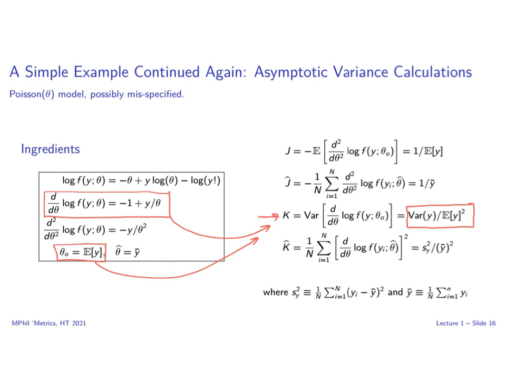And proceeding similarly for the sample average, we will find that K hat is equal to the sample variance, s y squared, divided by the sample mean squared.